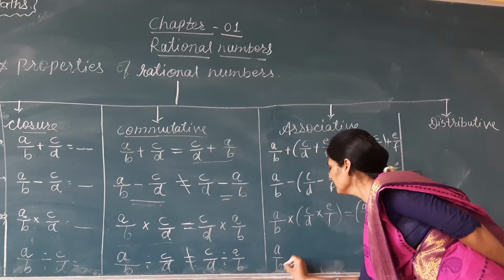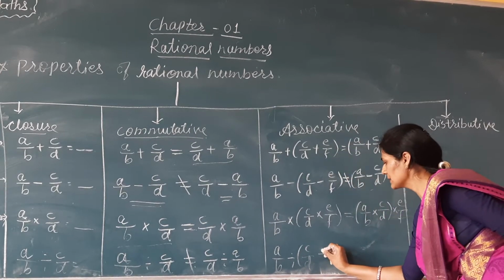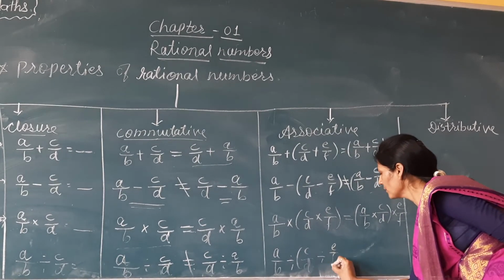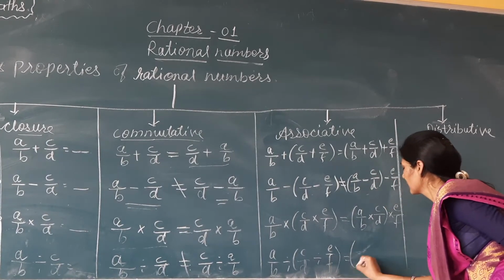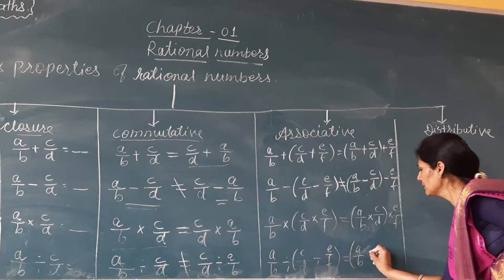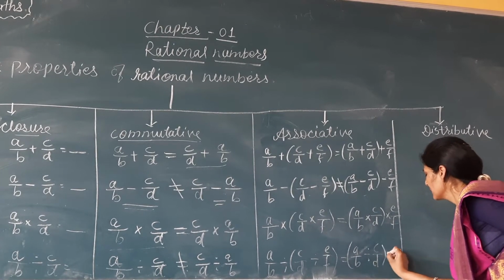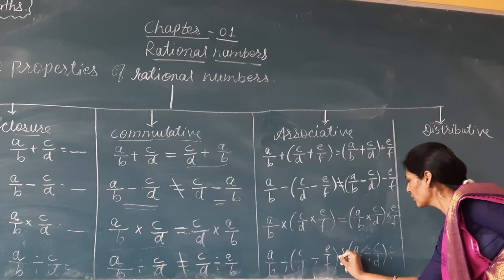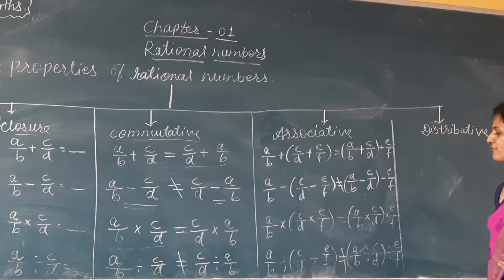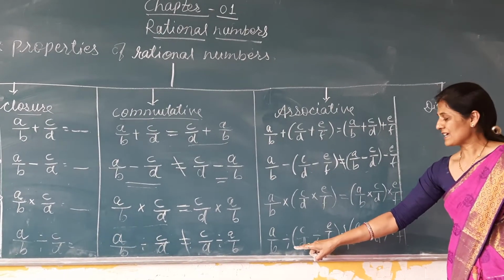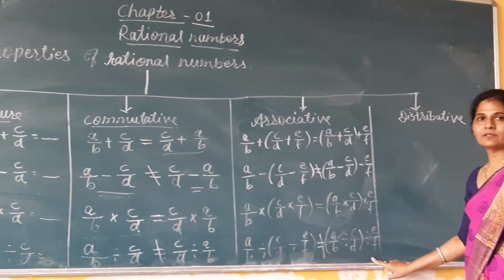A upon B divided by C upon D divided by E upon F is not equal to A upon B divided by C upon D divided by E upon F grouped differently. इसका मतलब है rational numbers are not associative under division.